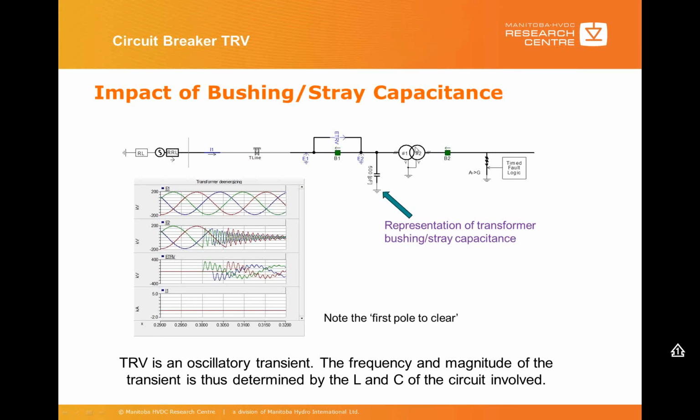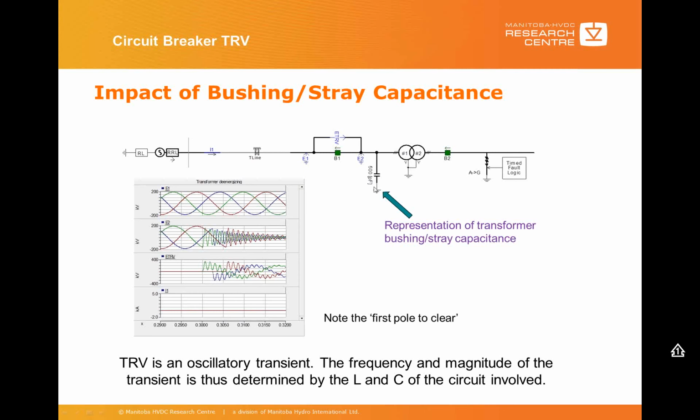Simply, it is the oscillation between the reactance of the transformer and the stray capacitance of the transformer bushing. So if you see the voltage across the breaker, basically E1 minus E2, the TRV, you see that oscillation.